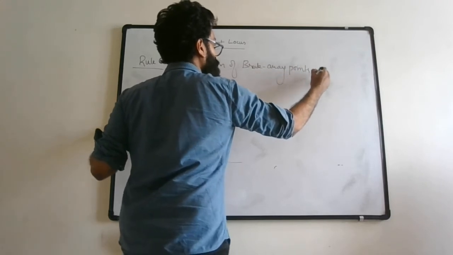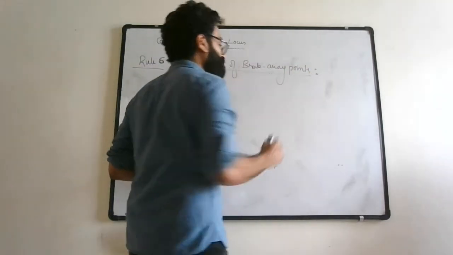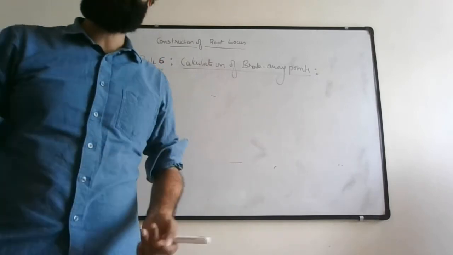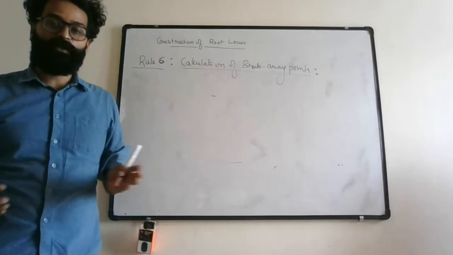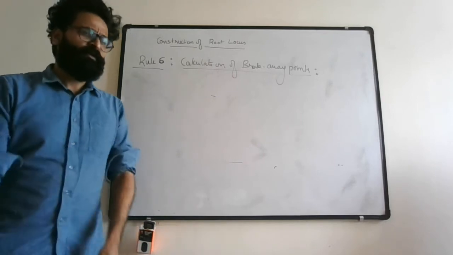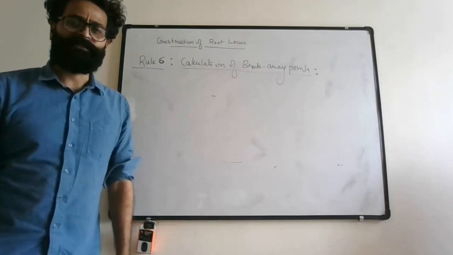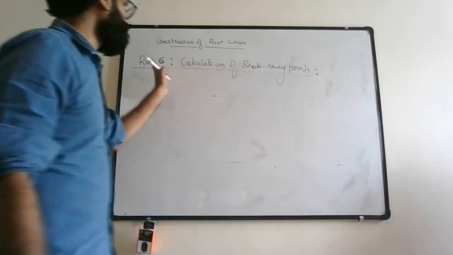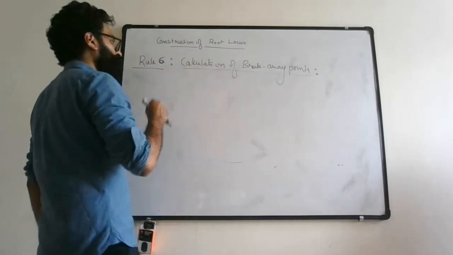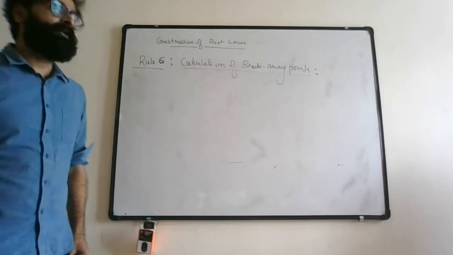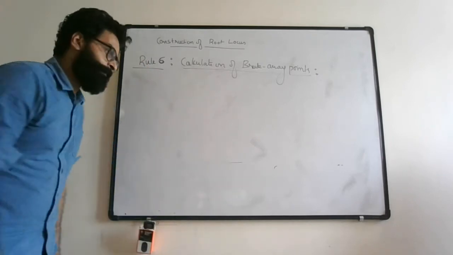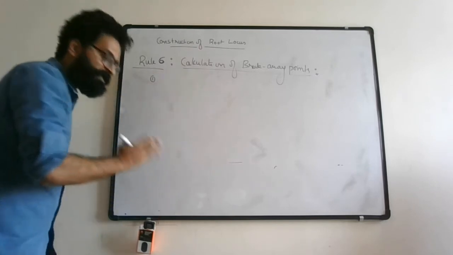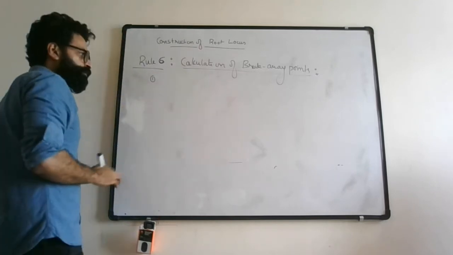Sometimes in some problems, instead of breakaway phenomenon, you may encounter breaking phenomenon, but analytically they are the same. Breakaway or breaking, they can be found using the following method. Now, how to calculate breakaway points analytically? To calculate the breakaway point, the following steps can be used.